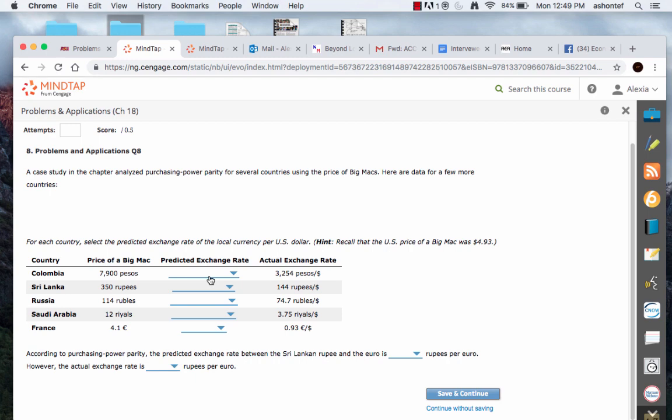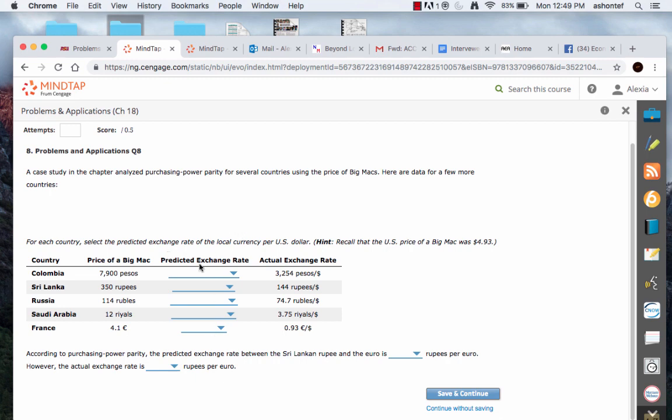The reason is that McDonald's sells Big Macs in many, many countries. They've been very successful in entering markets throughout the world. So they're one company whose items we can compare overseas really easily, because they're all over the world.